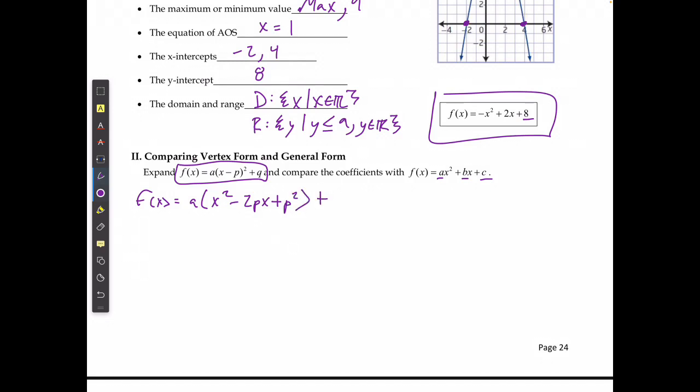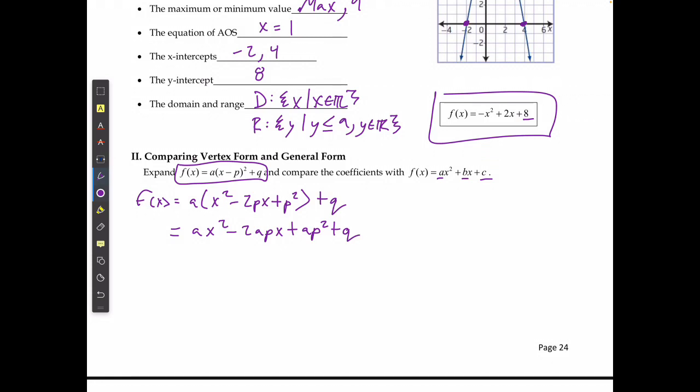And I still have the plus q on the outside. I'm going to multiply a by all these terms, and I'm going to get ax squared minus 2apx plus ap squared plus q.